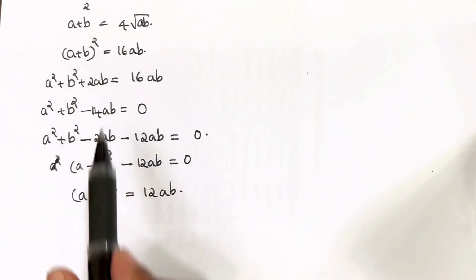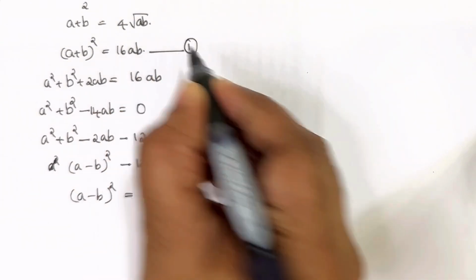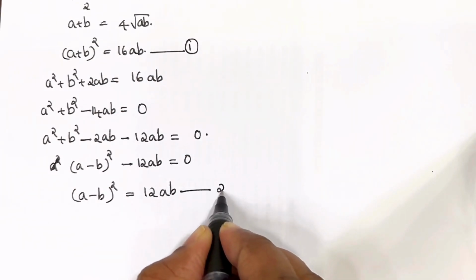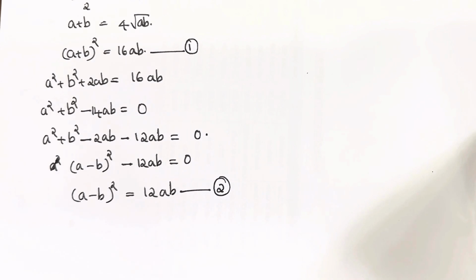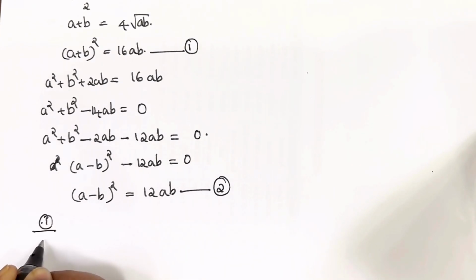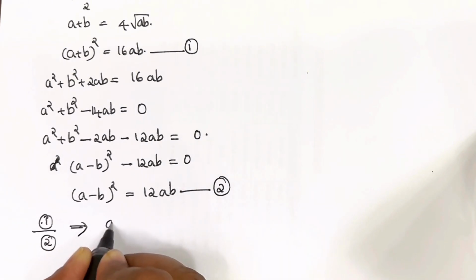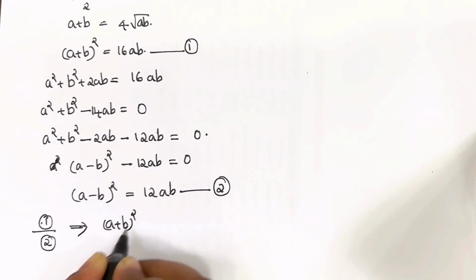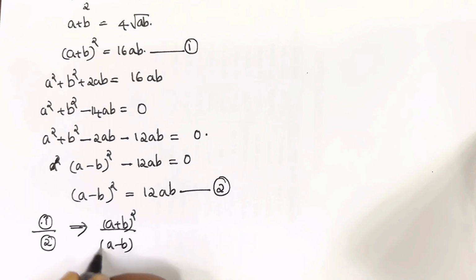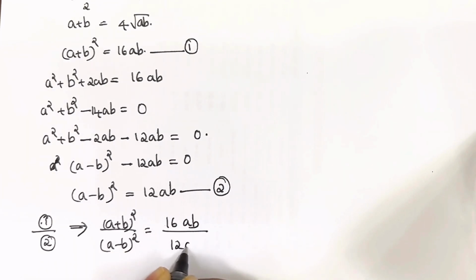Now mark this (a plus b) whole square as equation number 1 and this (a minus b) whole square as equation number 2. Now solve equation number 1 and equation number 2 and find out a and b. That is, equation number 1 divided by equation number 2 is equal to (a plus b) square divided by (a minus b) whole square, that is equal to 16ab divided by 12ab.